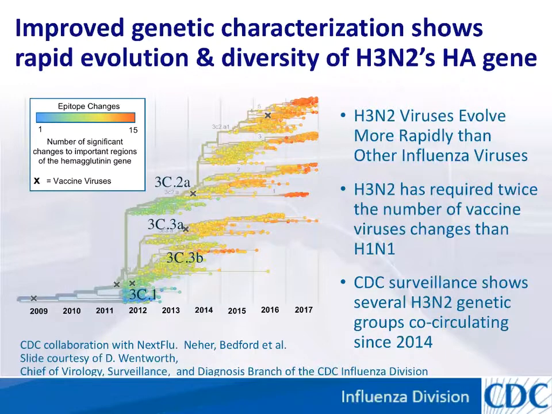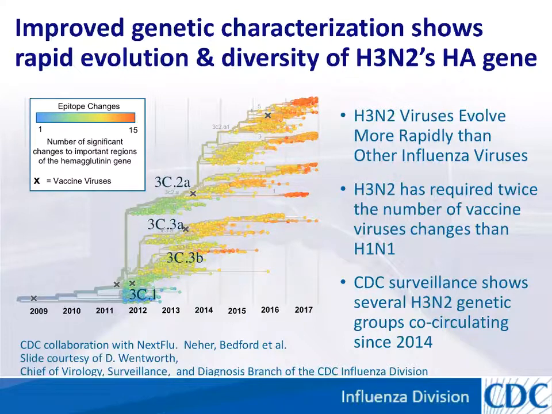Okay, so this slide was provided to me by Dave Wentworth, from the CDC, Chief of Virology, Surveillance and Diagnostic Branch. And it is a phylogenetic tree developed by the NextFlu team. It's a phylogenetic tree showing these are all H3N2 viruses over a 10-year period, and how they have diverged over this time frame.